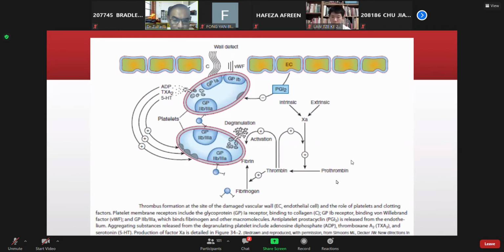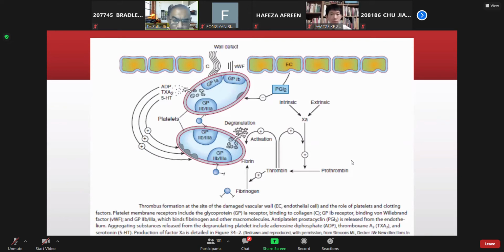This schematic diagram shows you the thrombus formation at the site of damaged vascular wall and the role of platelets and clotting factors. Platelet membrane receptors include glycoprotein 1A and glycoprotein 1B, binding to collagen.